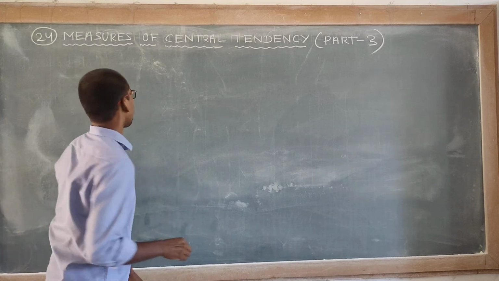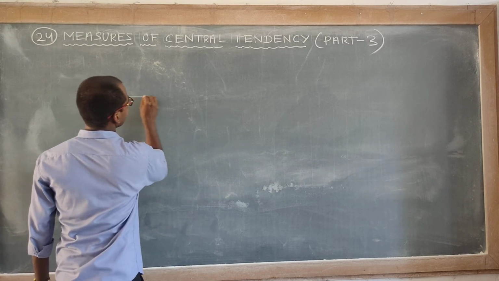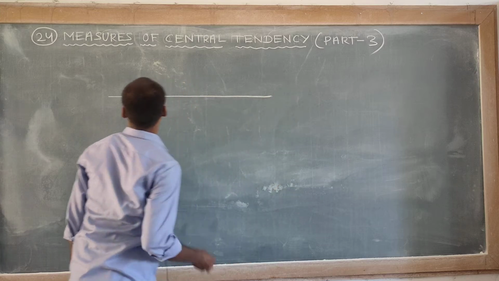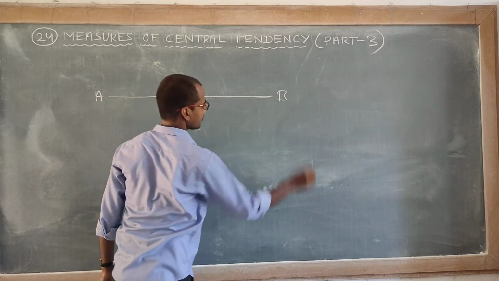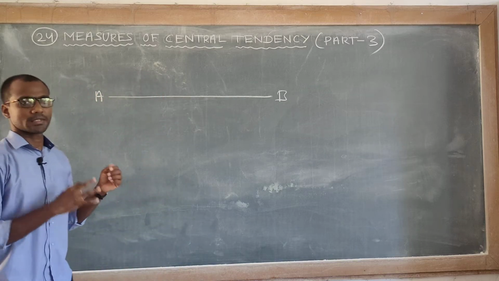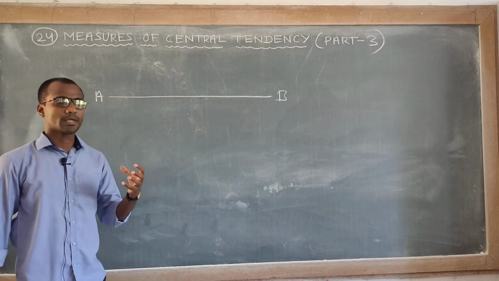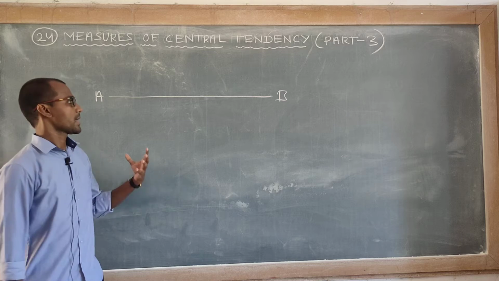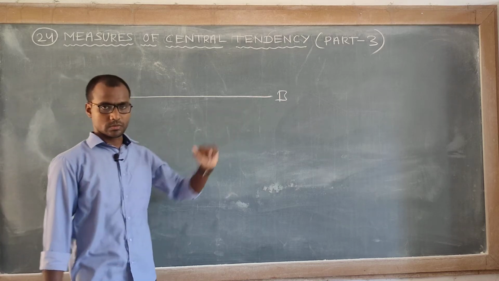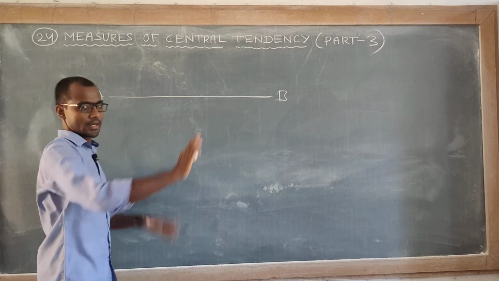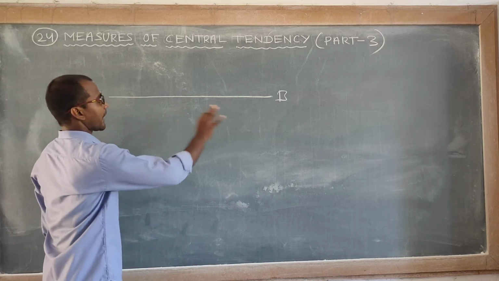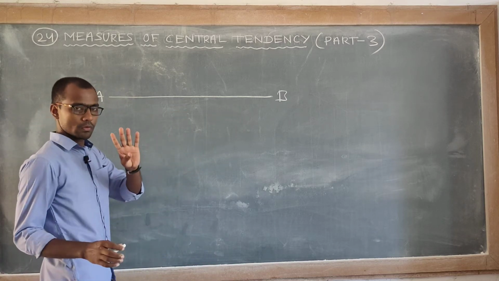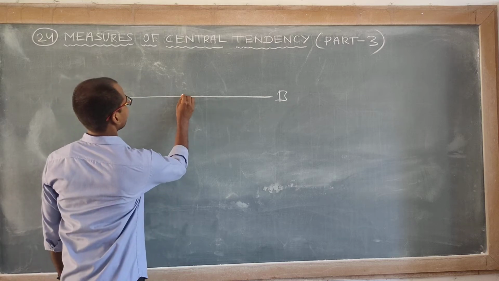now let us take a line segment AB. Okay, suppose imagine that data have been arranged in ascending order, in a straight line. Okay, now we will divide this line segment AB into 4 equal parts.